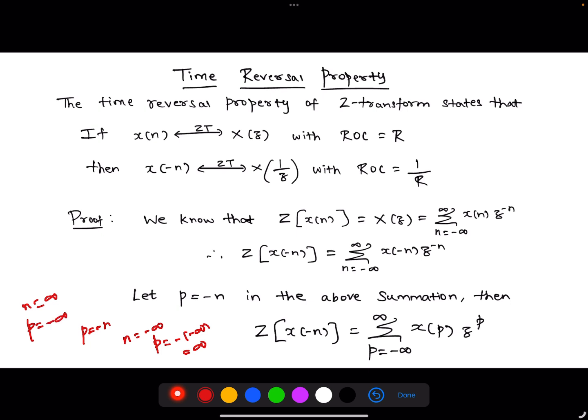So again we'll end up with p from negative infinity to positive infinity, and x of minus n is taken as x of p, z power minus n is z power p. So this is the way of working out this result, and then we will prove that it's equal to x of 1 by z.